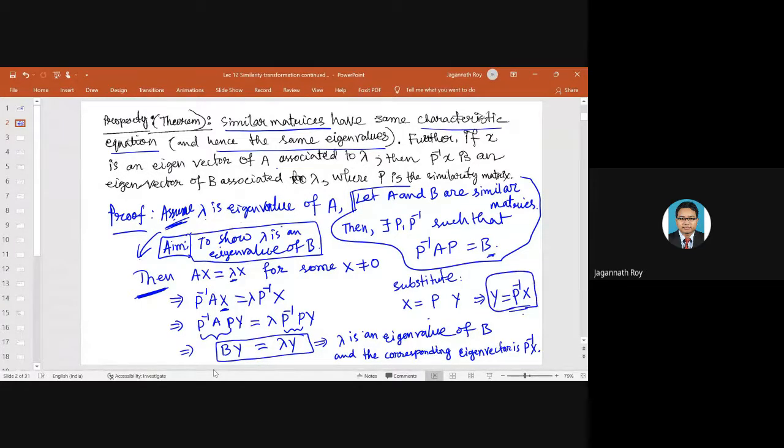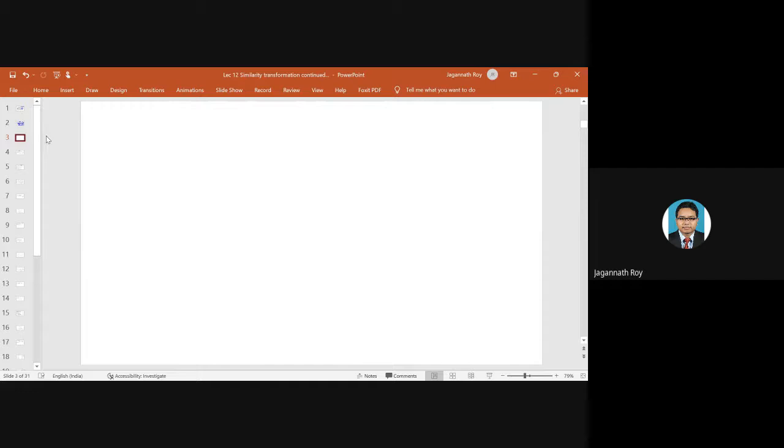So this theorem says similar matrices have the same characteristic equation. It is not talking about characteristic vectors.